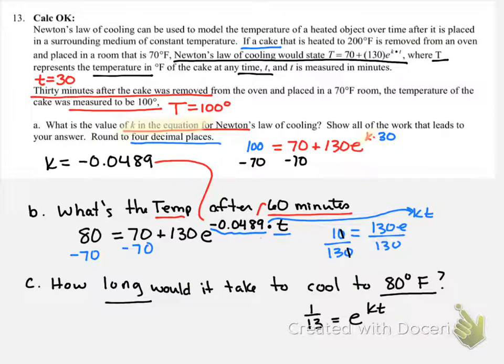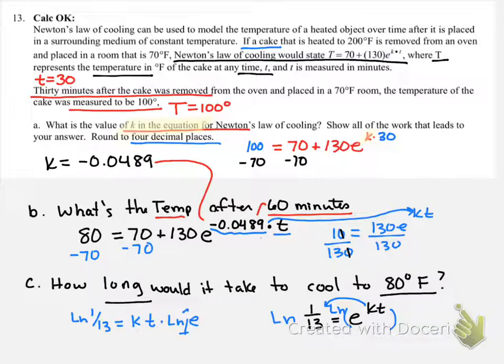Same as before, I will undo e with ln. So ln on this side, ln on this side. ln of 1/13 equals, I can bring this down as a multiplier, k which we know, t which we don't, times ln of e, but we know that's 1.